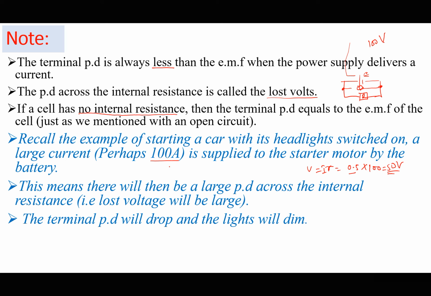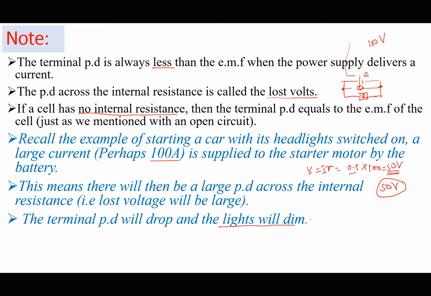A large current of 100 amperes is supplied to the starter motor by the battery. So the lost volts when the car is started is about 50 volts, which means what goes to the headlamps is 100 minus 50, which is 50 volts. That means the PD across the headlamps is smaller than necessary, so the terminal PD will drop and the lights will be dim.